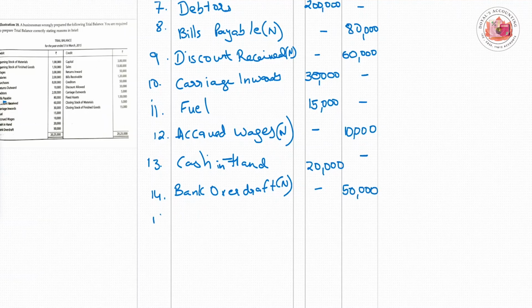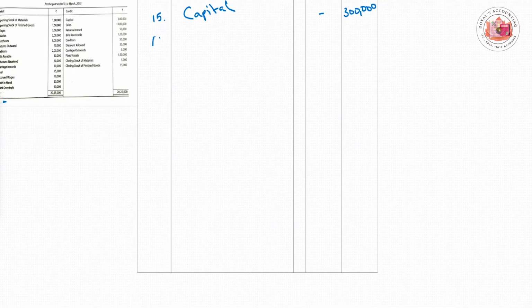Next capital, 3 lakhs credit side. Then we have sales, 13 lakhs. Return inwards is sales return, and sales return will be a debit balance, not a credit balance.